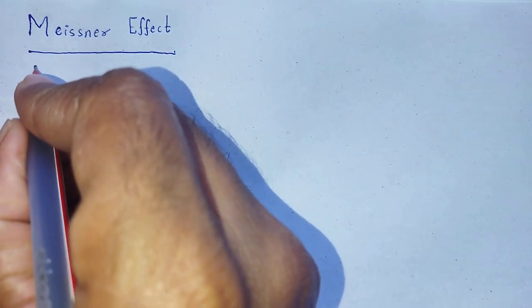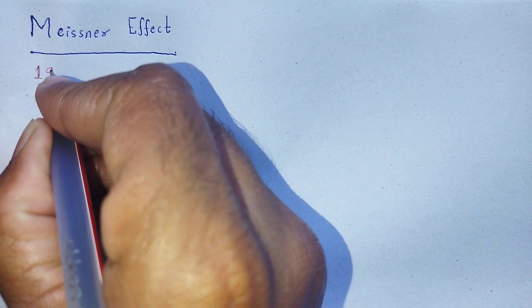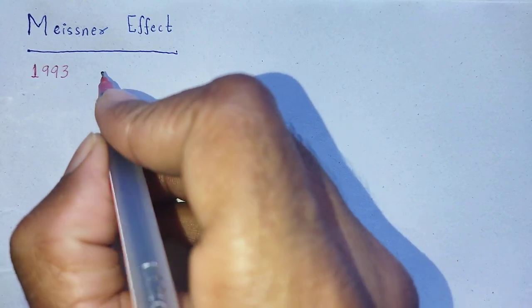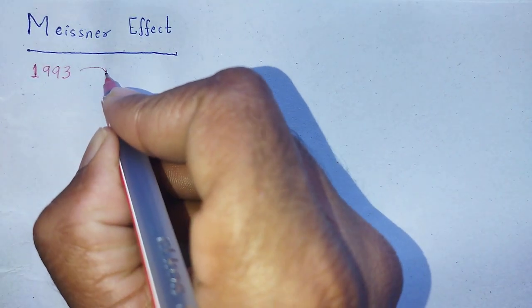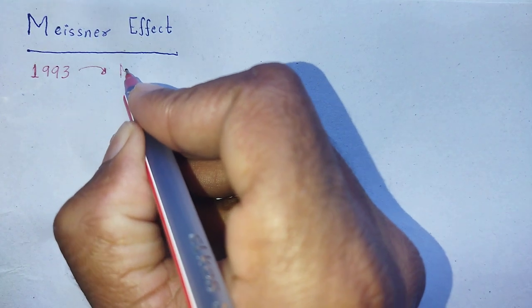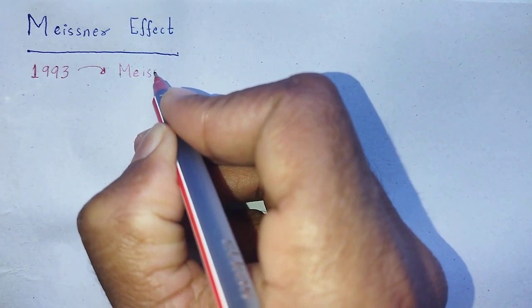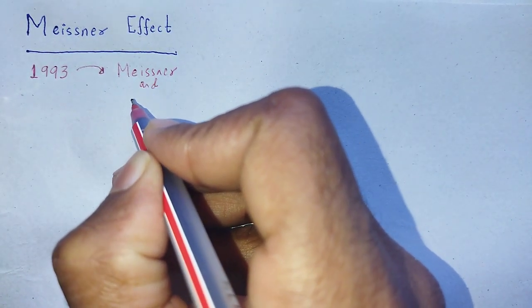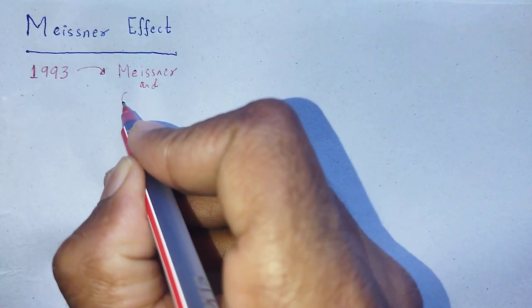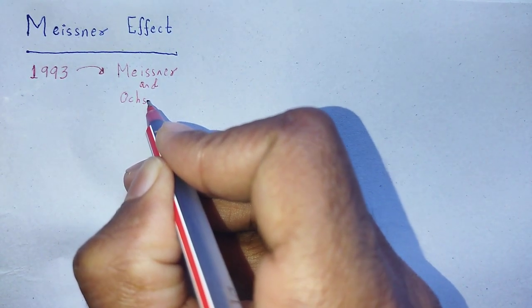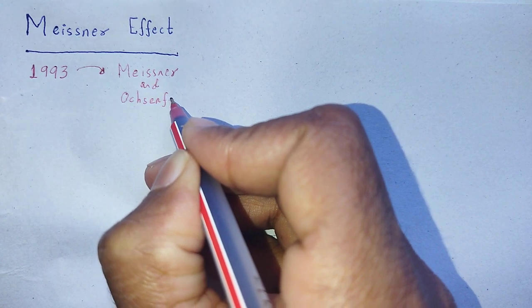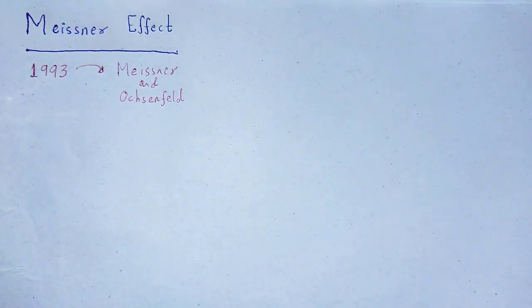In the year 1993, two scientists, one named Meissner and another named Wilkinson-Field. What were their observations?